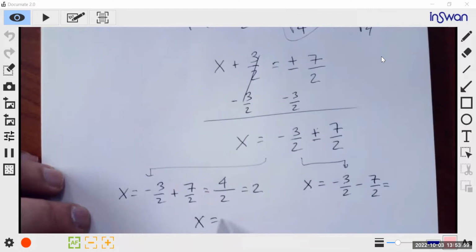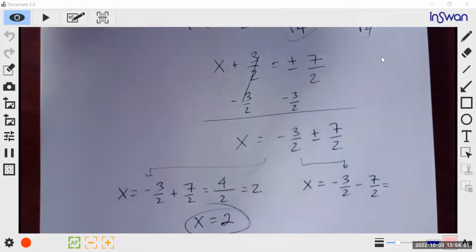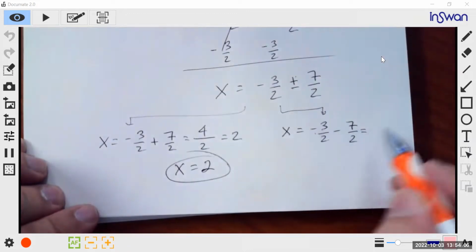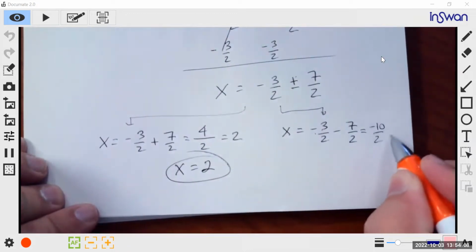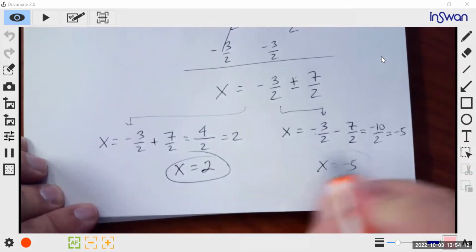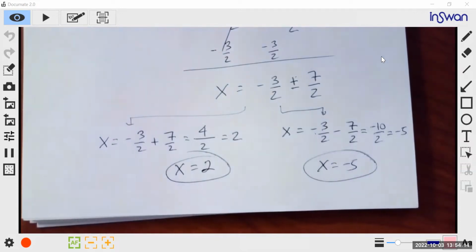So X equals 2 is one answer. -3 minus 7 is -10/2 is -5. So X equals -5 is the second answer. And that's exactly what we would have gotten if we factored it.